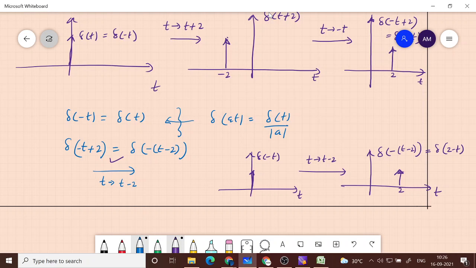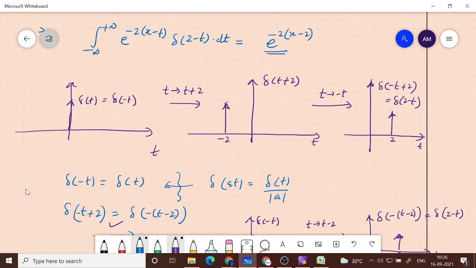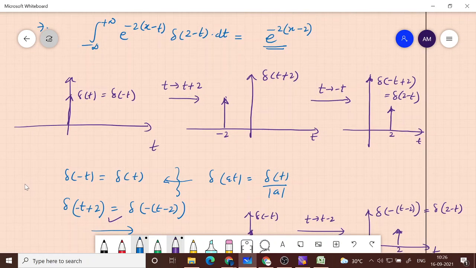Sir, then by using the property delta of minus t equals delta of t, then directly we can shift this. Yes, but you need to know that you have to shift it to the right. That is my point.